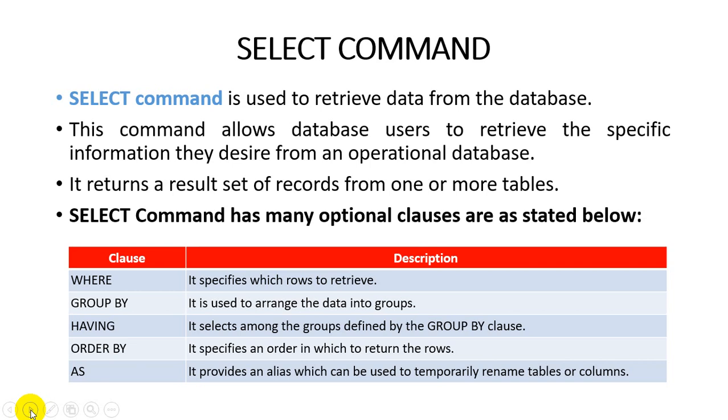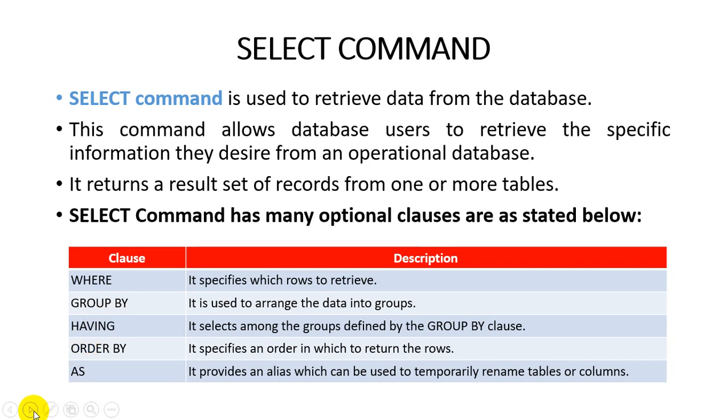Having selects among the groups defined by the group by clause, meaning if the user wants to fetch all the records in a group but has some conditions to maintain, the select command with group by provides conditions with the help of having. So when the user wants to retrieve information from a particular group, at that time we use select with group by and having clauses.